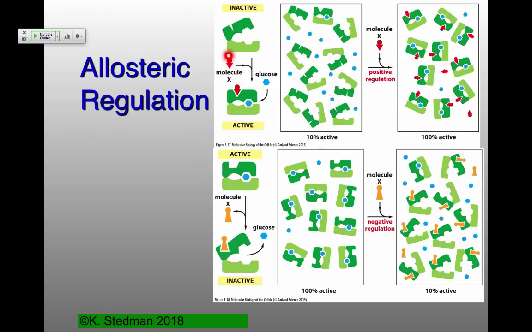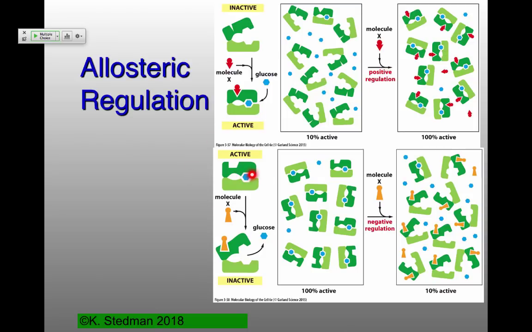In the presence of another molecule that binds to some other part of the protein, it leads to activity. And because of this allosteric, meaning change in one part of the protein that's separate from the first part that you're interacting with, that allows us to have an activator molecule that will activate this particular enzyme.